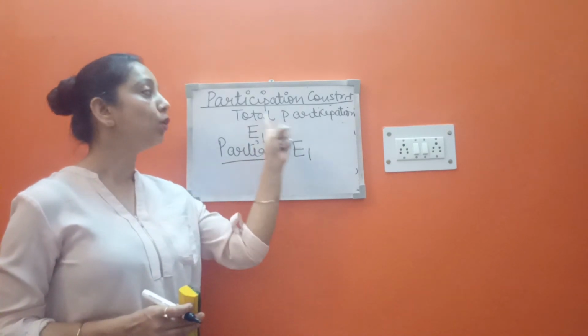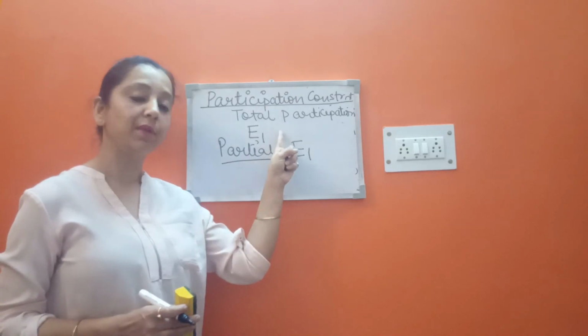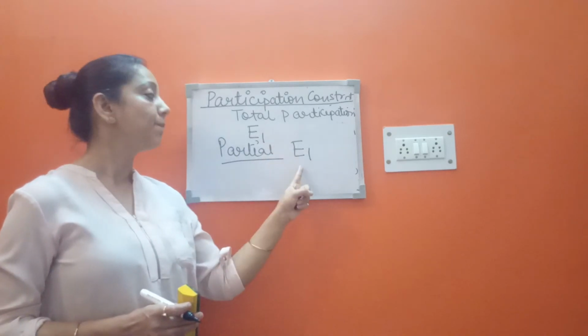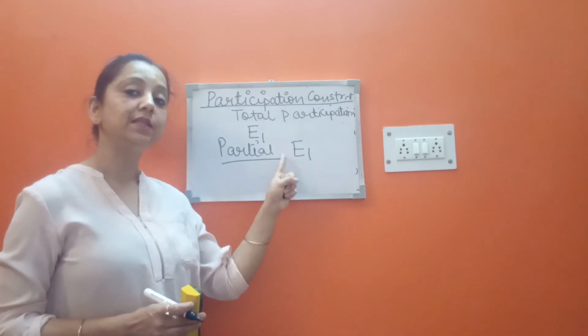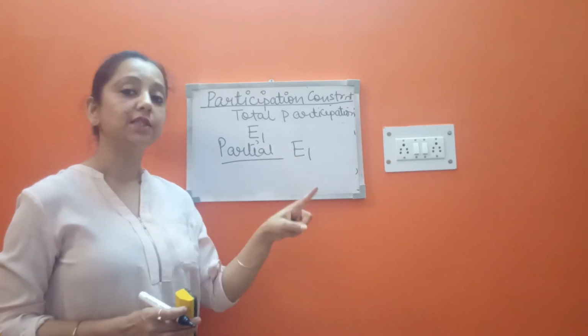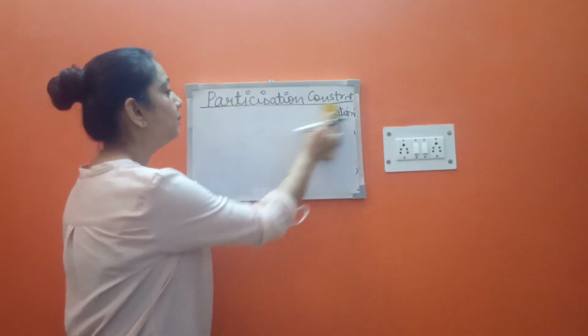So basically total participation, all the entities from the entity set will participate in a relationship. Partial participation, some of the entities of the entity set E1 will not participate in the relationship. Let me explain this through an example.